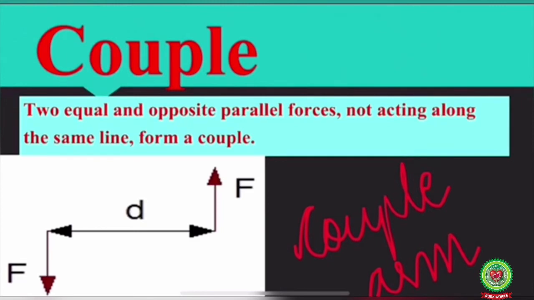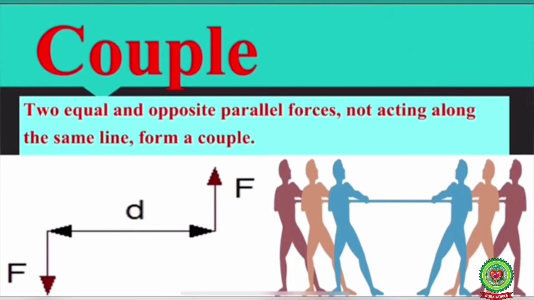Now, why do we say that this is a pair of two equal and opposite forces not acting along the same line? Because if two equal and opposite forces act along the same line, they will cancel each other's effect, the way it happens in tug of war.